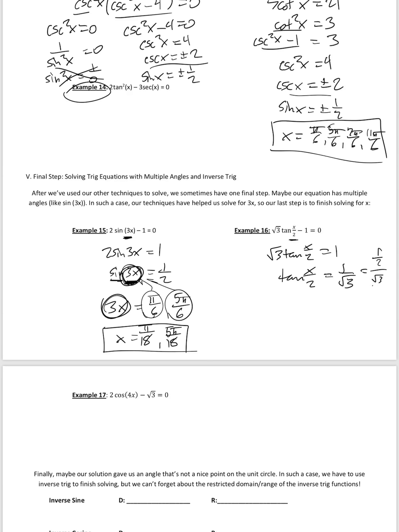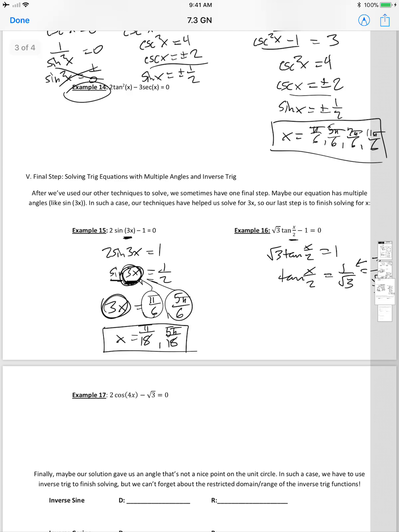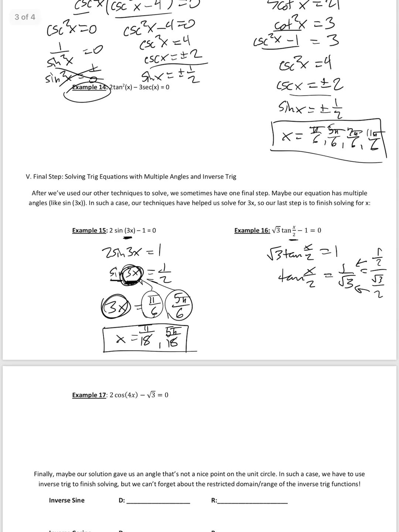1 over the square root of 3 is the same as 1/2 over the square root of 3 over 2. Because you'll see that if I work backwards, the 2's will cancel out in the denominators and I'll be left with 1 over the square root of 3.